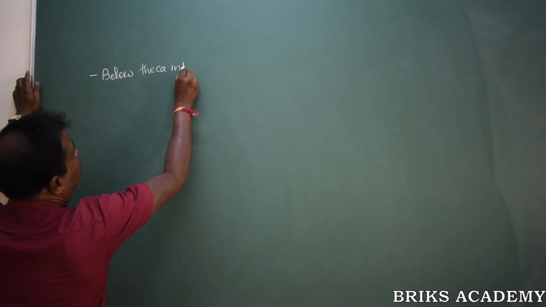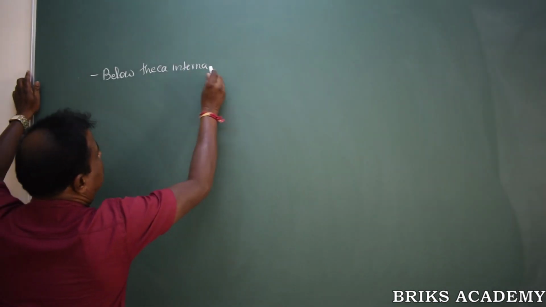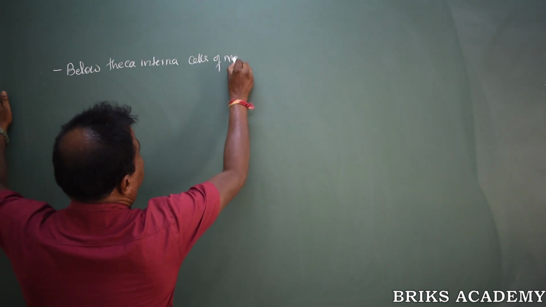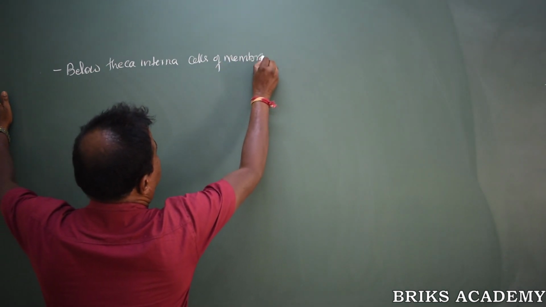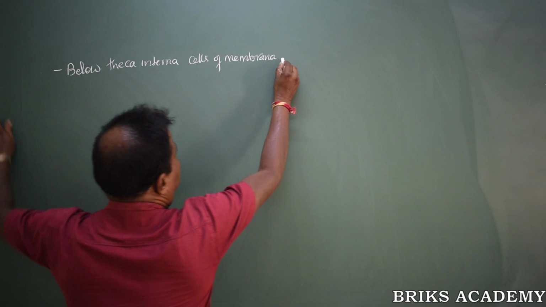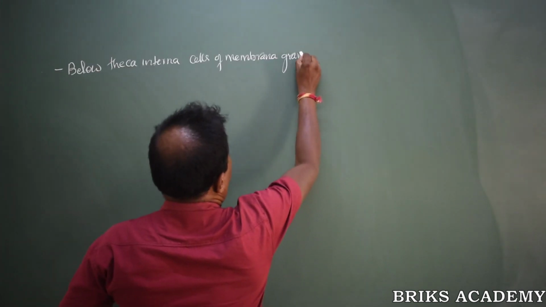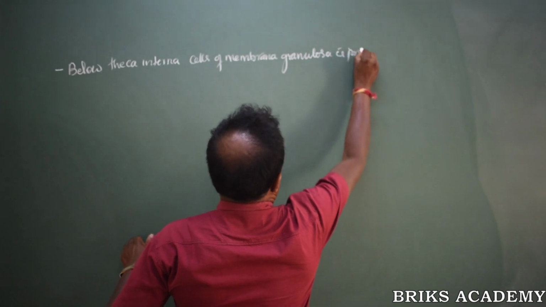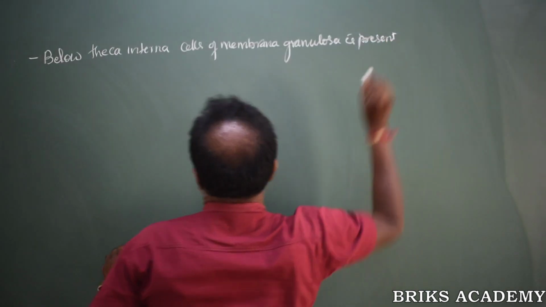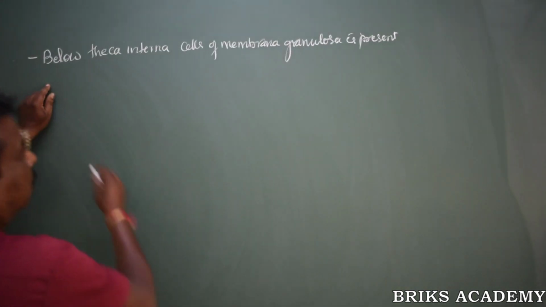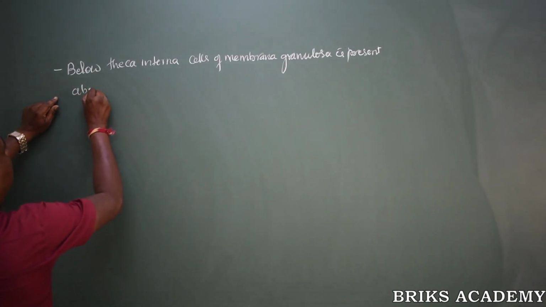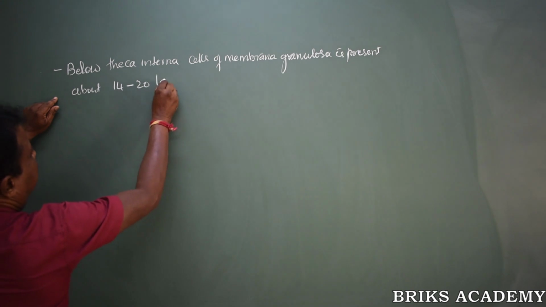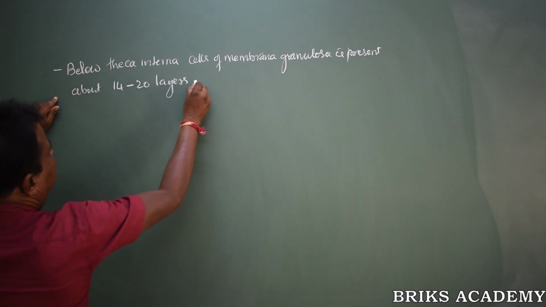Inside theca interna, cells of membrana granulosa is present, about 14 to 20 layers of cells.